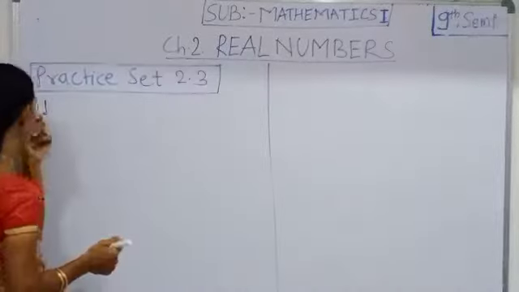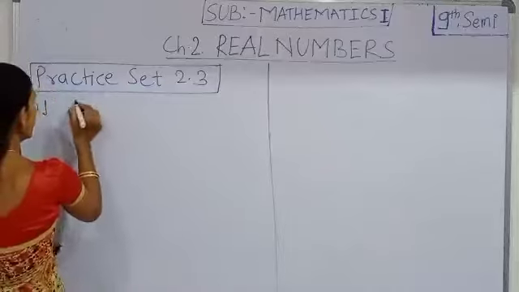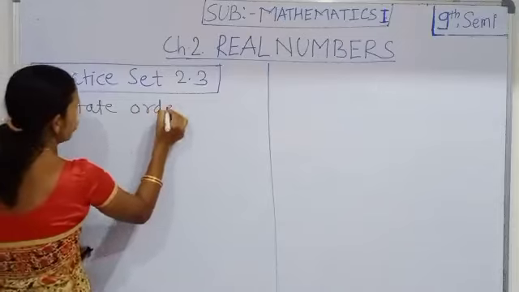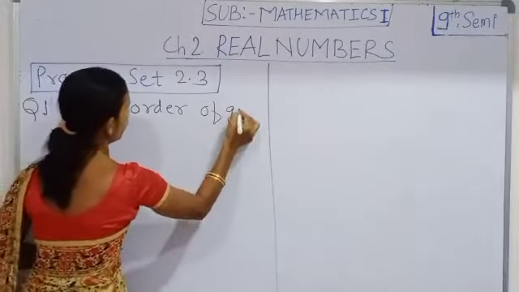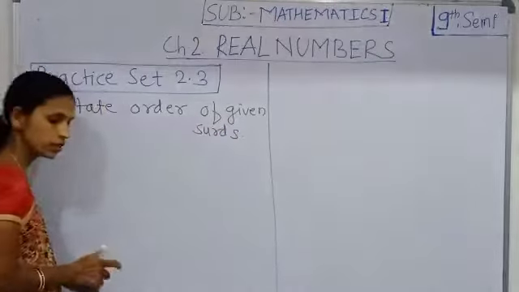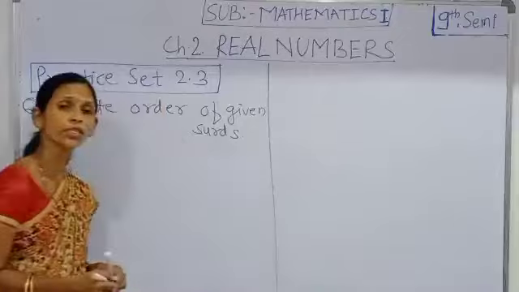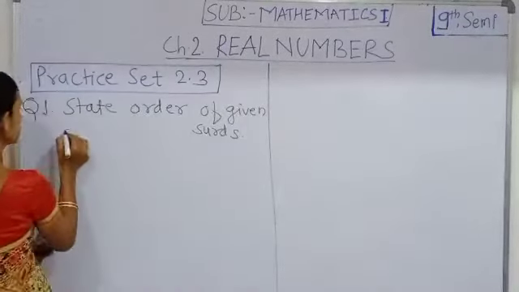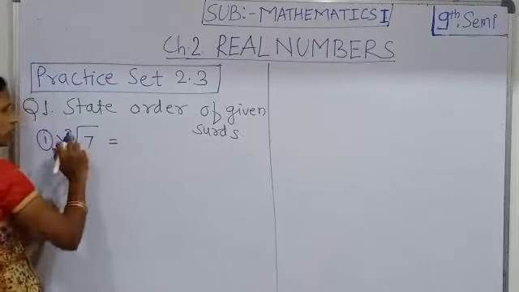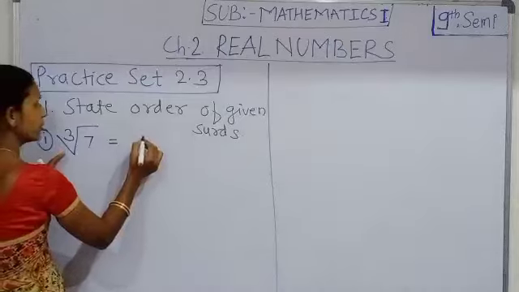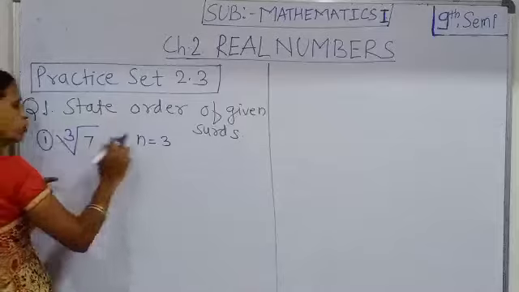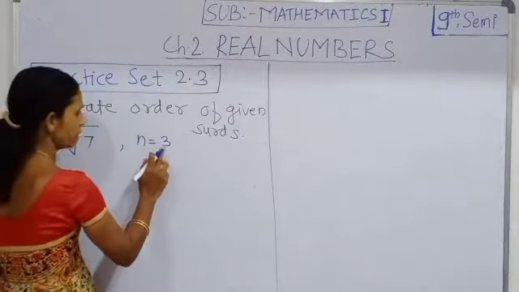See here, in question number 1, state the order of the following given surds. A few examples of surds are given here. Out of these, see cube root of 7, in which n is equal to 3, where n is a positive integer.